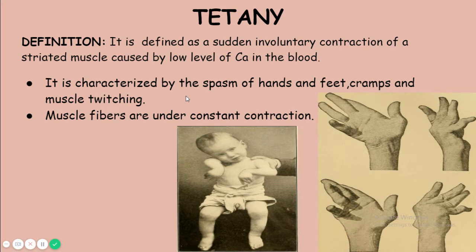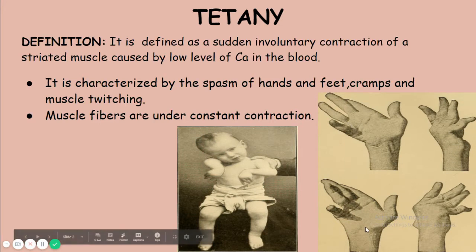But they can also occur in the abdominal musculature, the respiratory musculature, and all other musculatures of the body. In this condition, the muscle fibers are under constant contraction. They are constantly contracting, under constant stress. Here are the diagrams showing the muscle cramps and twitching, involuntary contractions.